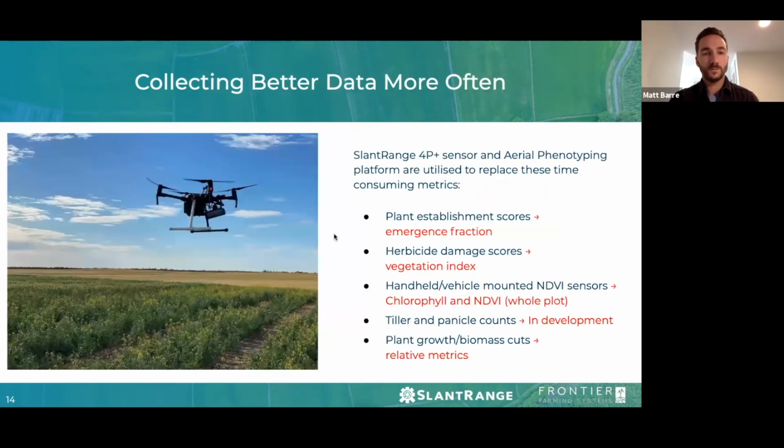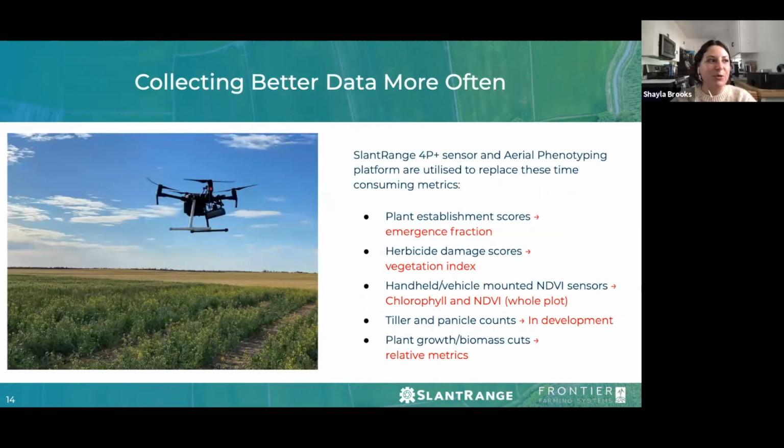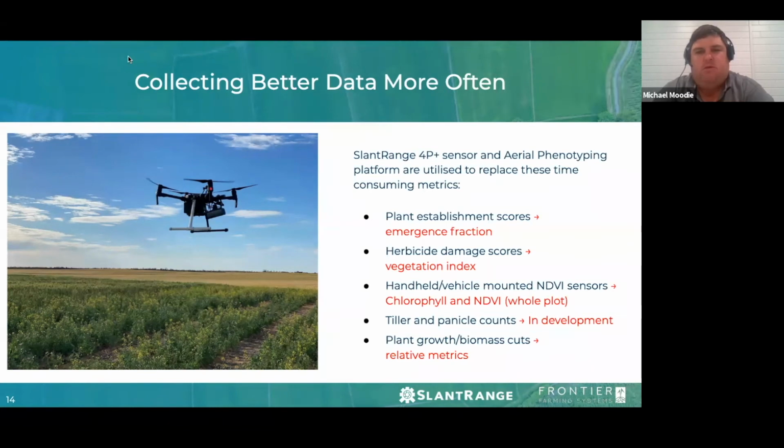So going over here, can you tell us a little bit more about your planning and approach? So yeah, why I've been interested in using drones to collect this data. Some of the SlantRange products that we're interested in, we're looking at replacing those plant establishment scores with the emergence fraction data that we get back from the platform.